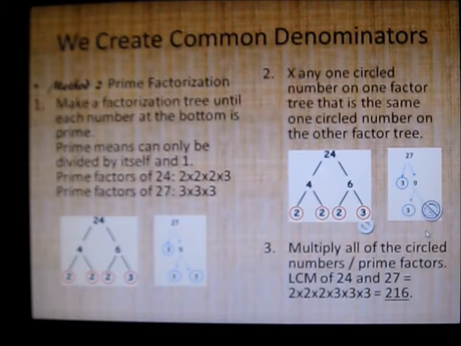Multiply all the circled numbers, prime factors. The least common multiple of 24 and 27 is 2 times 2 times 2 times 3 times 3 times 3 equals 216.